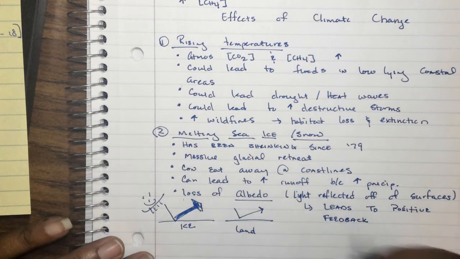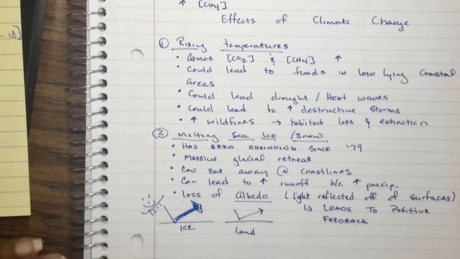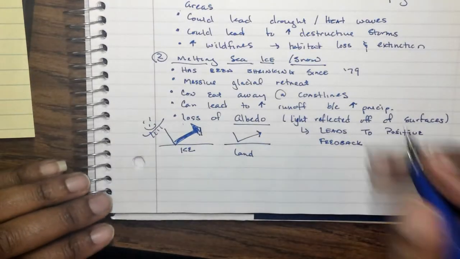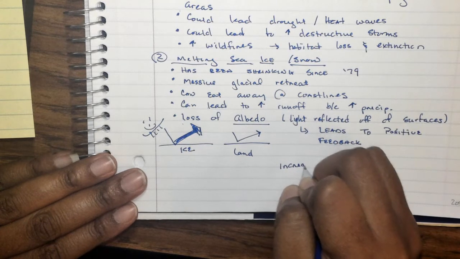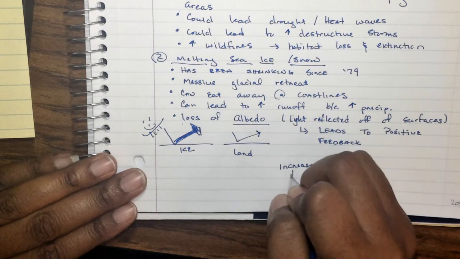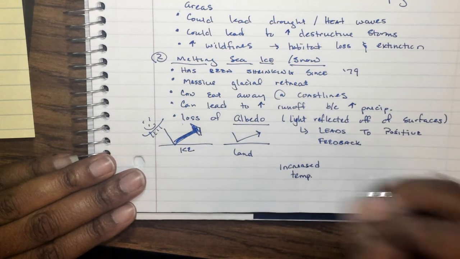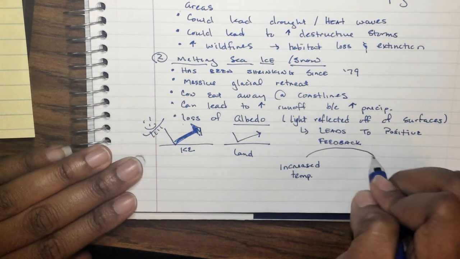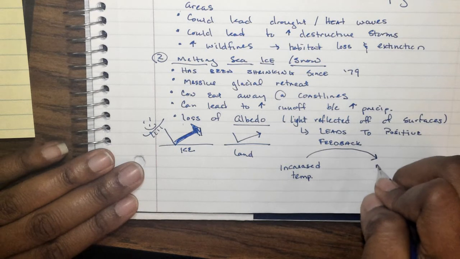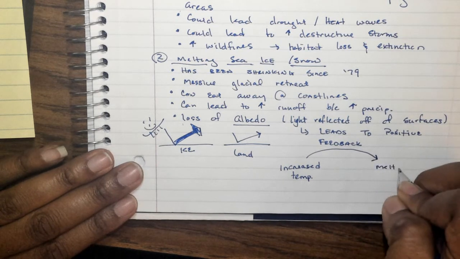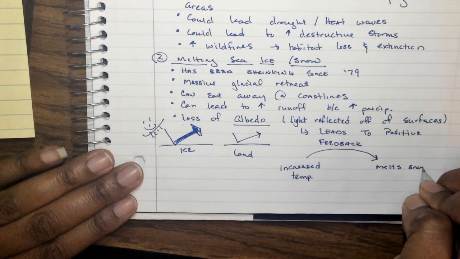Okay, so I'm going to draw a little diagram down here. I think I have space. So increased temp is going to lead to melting snow and ice.